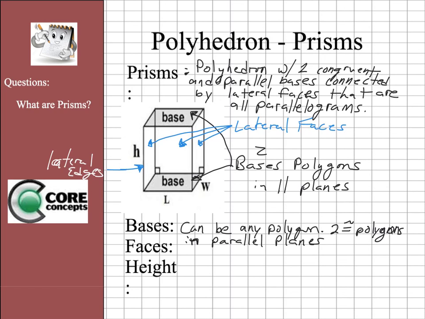Okay, the faces, right? Those are those lateral faces. And for a prism, they're all parallelograms, or in what we're going to be dealing with, rectangles. Okay, they're all rectangles.